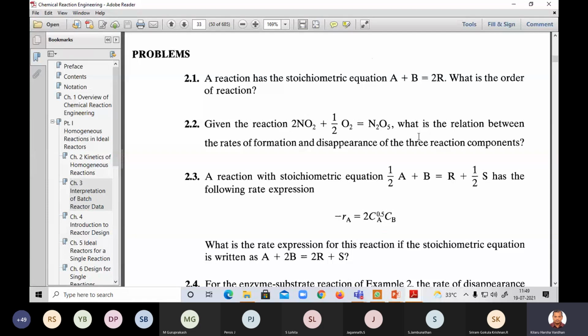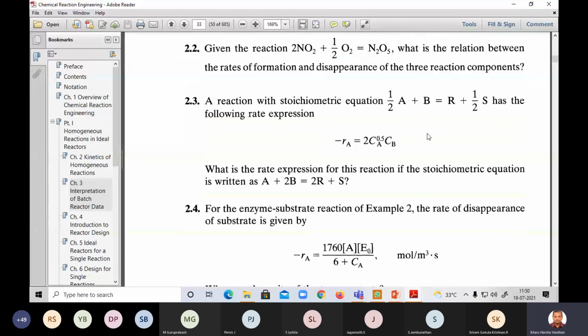Now here is an important question, one that a lot of people get confused about. A reaction with the stoichiometric equation half A plus B gives R plus half S has the following rate: minus r_A equals 2 times C_A to the power 0.5 times C_B. Now, what is the rate expression for this reaction if the stoichiometric equation is written as A plus 2B gives 2R plus S?